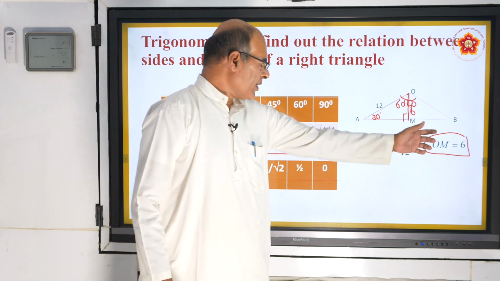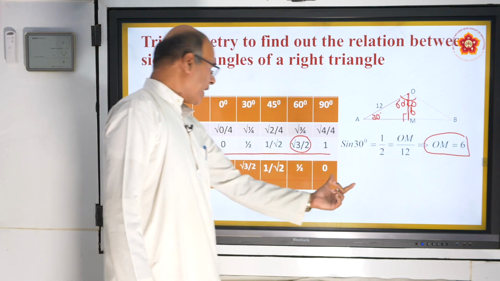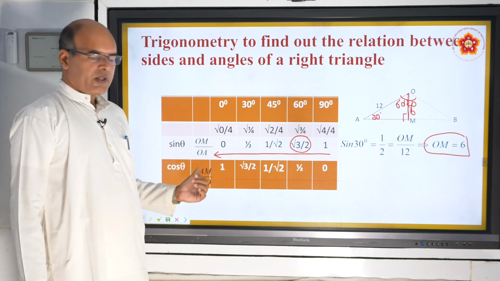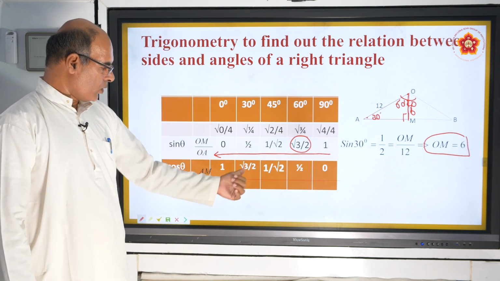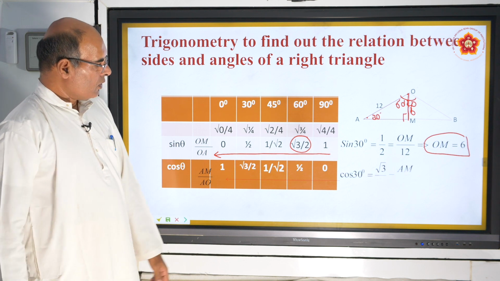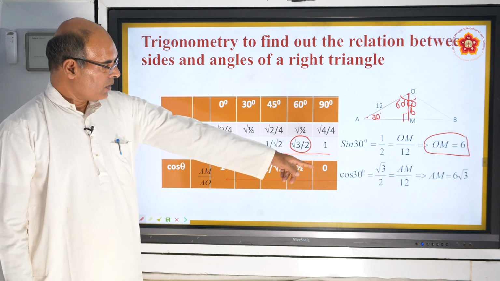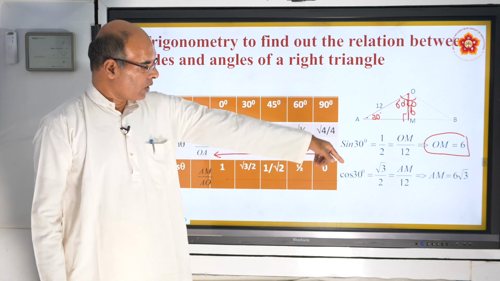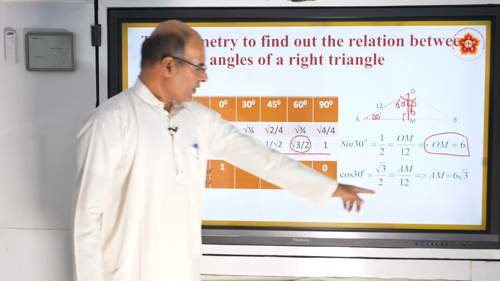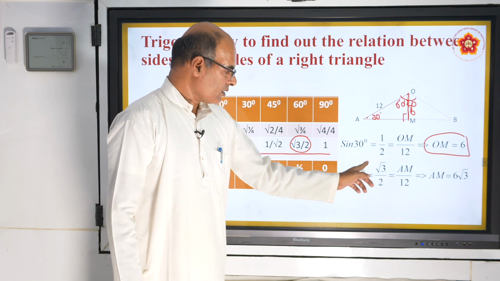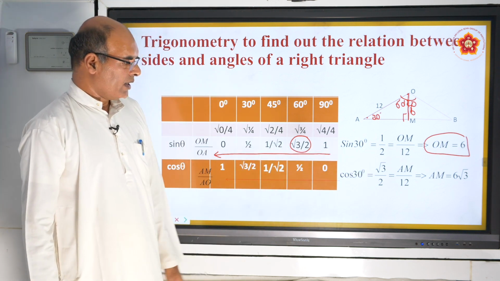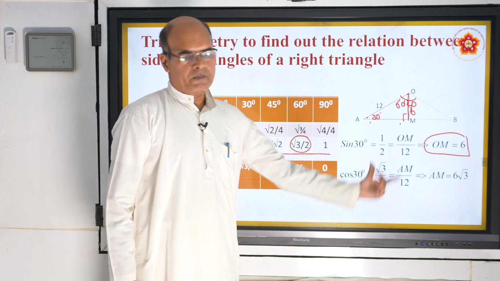To calculate AB, let us take the ratio of AM by OA, it is cos theta. The angle is 30 degree here, therefore cos 30 degree is root 3 divided by 2. Cos 30 is root 3 by 2, it is the ratio of AM divided by 12. So if we cross multiply, we get 12 root 3 by 2, that is 6 root 3 is the value of AM.